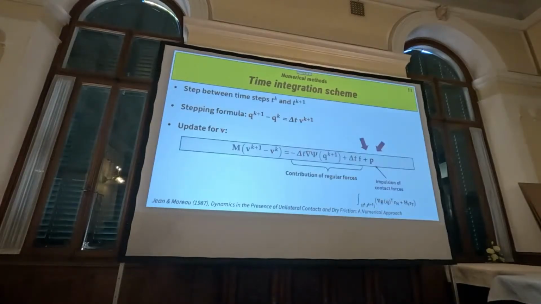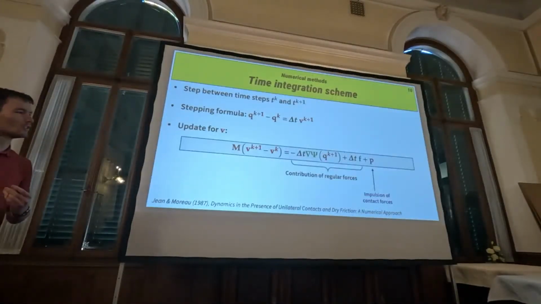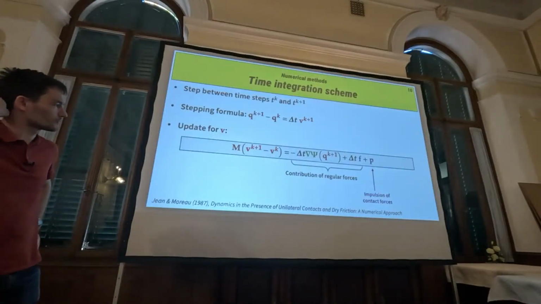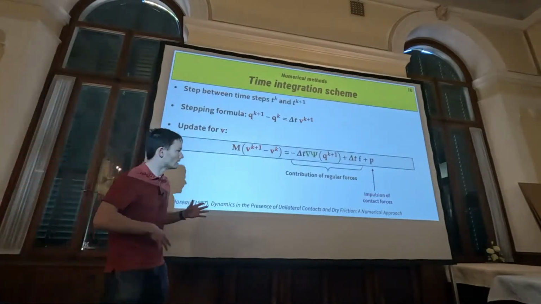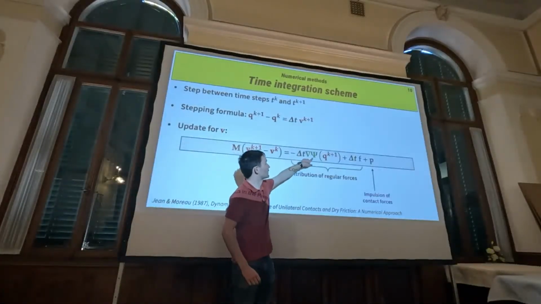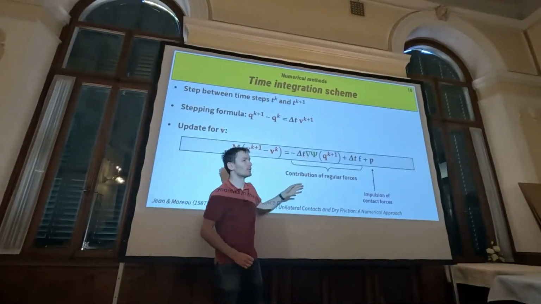It's tricky. Actually, it's not really implicit. The gradient function is linearized.